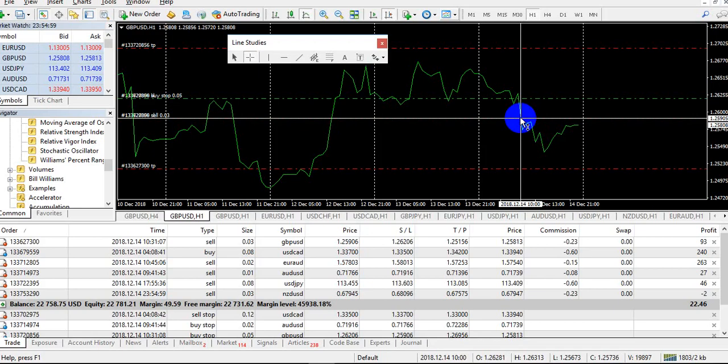So price had traveled many pips. So we're going to calculate exactly how many pips price had traveled downwards on account of this movement between 00 hours on the 14th to 10 hours on the 14th of December.